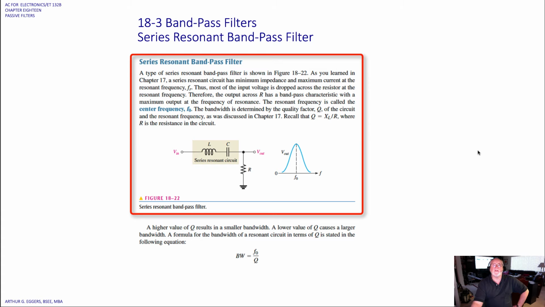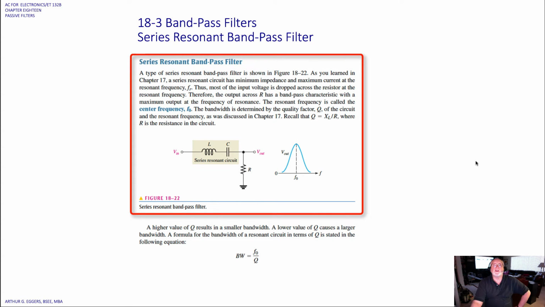So most of the input voltage is dropped across the resistor at the resonant frequency. Therefore, the output across the resistor has a bandpass characteristic with a maximum output at the frequency of resonance. The resonant frequency is called, in this case, the center frequency. We use FC or F naught, either one is acceptable.